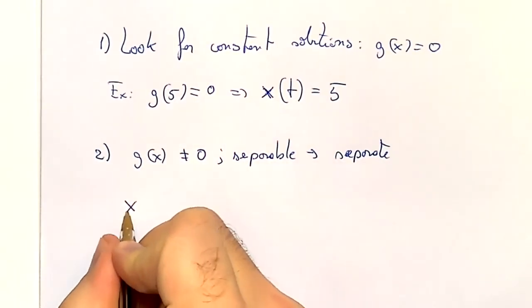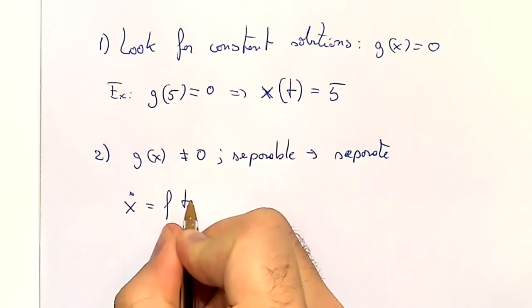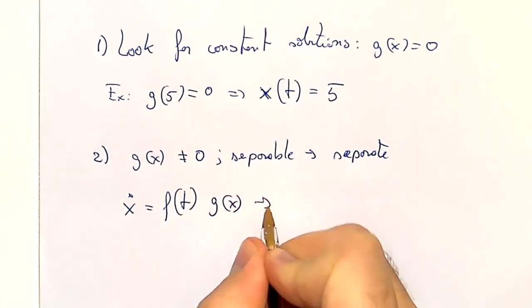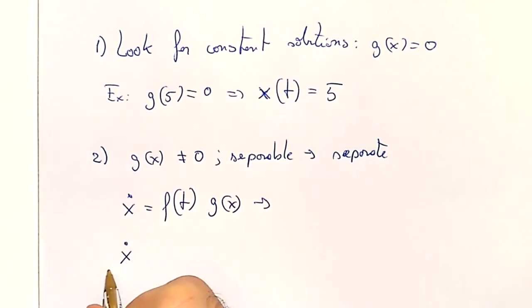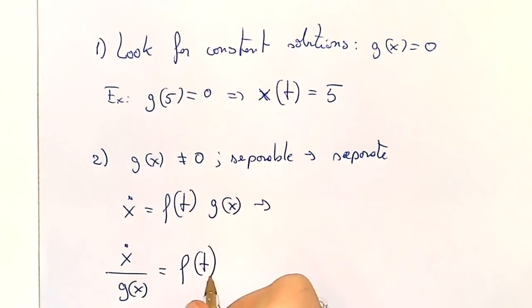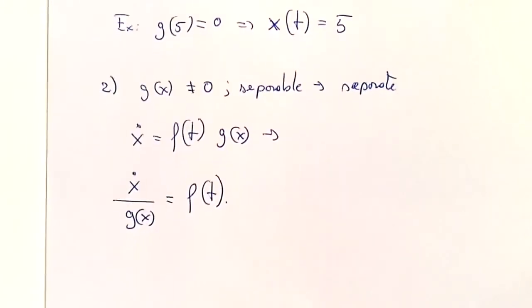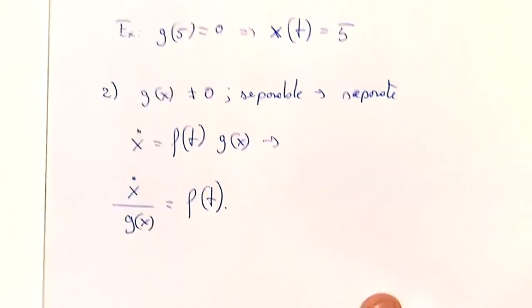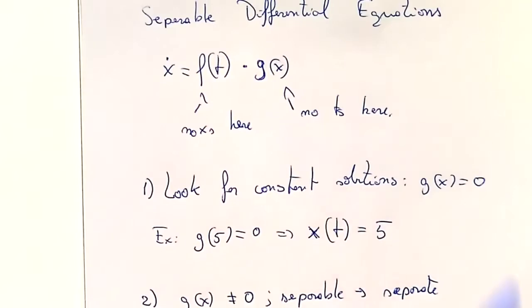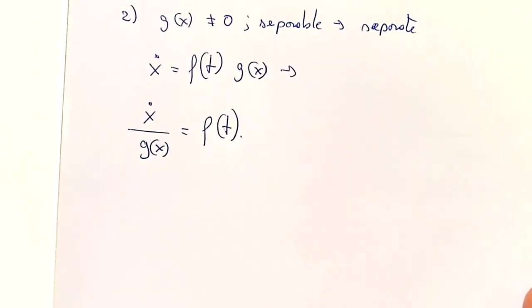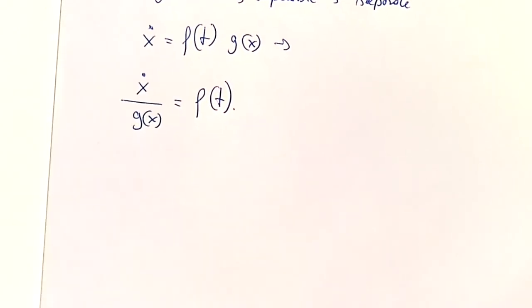So your equation was x dot is equal to f(t) g(x). Separate everything: x dot over g(x) is equal to f(t). And now you can understand why, if you have identified your f and g in the wrong way, this separation process is going to look pretty scuffed. So be careful with that.